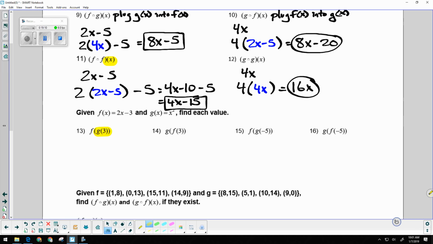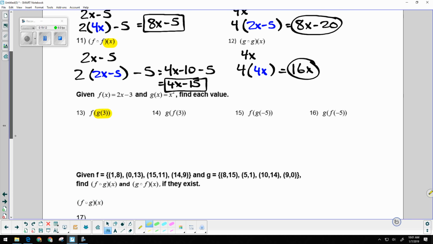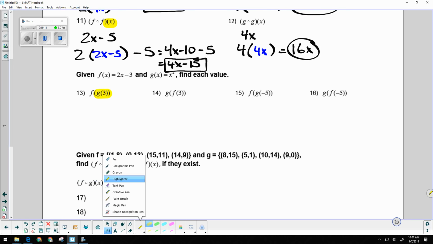Now, what this means is, in number 13, that we are going to plug 3 into g, get a result, and then that result we're going to plug into f. Okay? So you work right to left. So we're going to start off with g of 3.